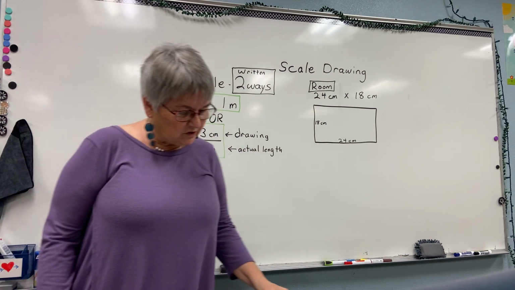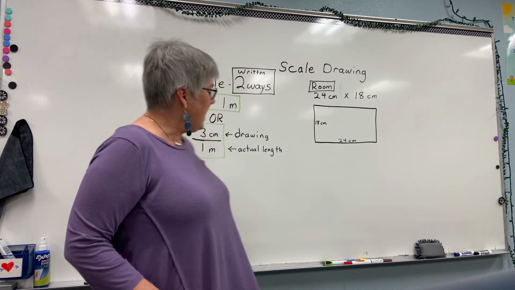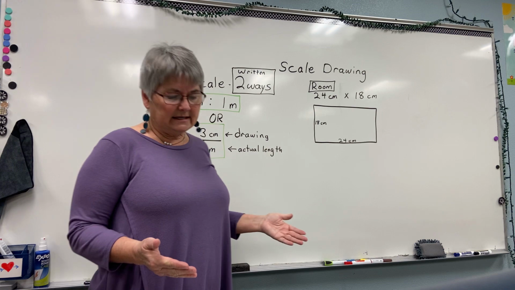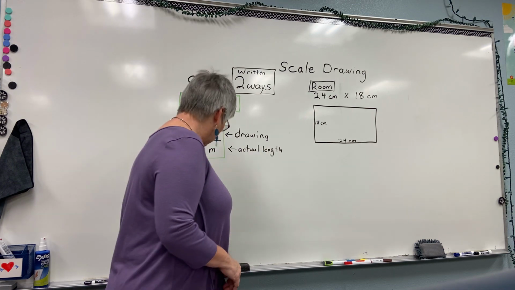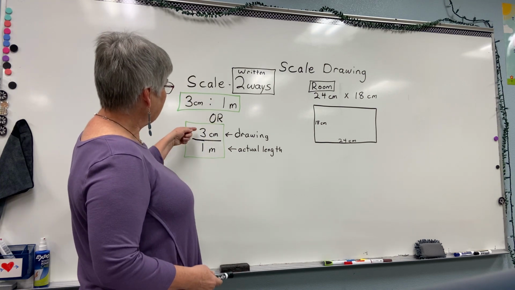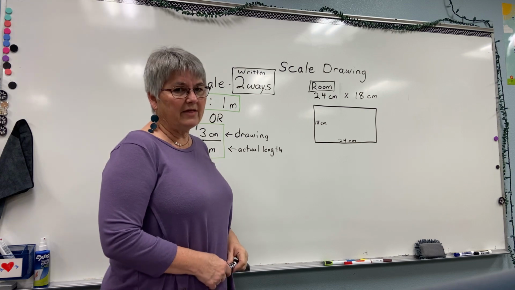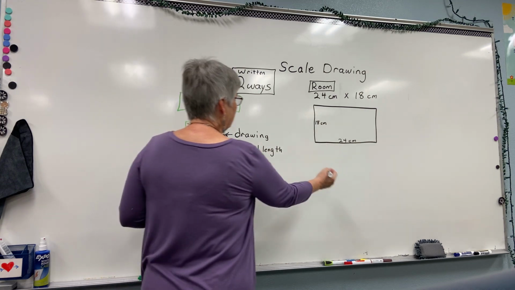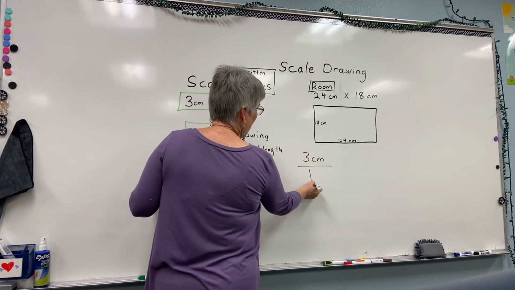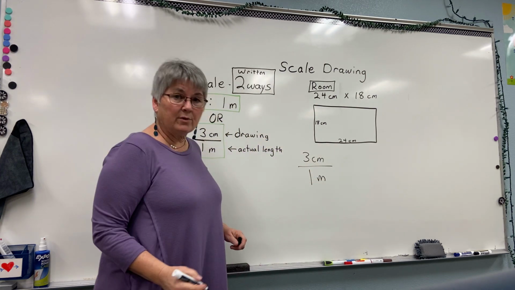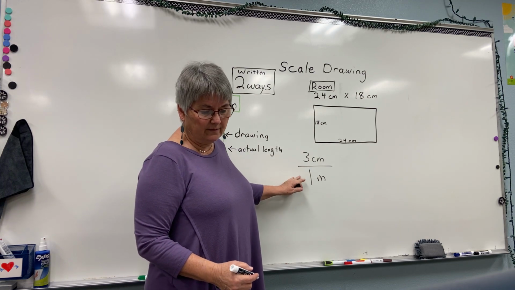All right, so here we go. I'm going to show you how to find a missing part of this ratio. So the first thing I do is I'm going to take this right here, 3 centimeters to 1 meter. That is my scale. So I would say 3 centimeters over 1 meter. Now remember, you're supposed to be writing this down and doing exactly as I do.